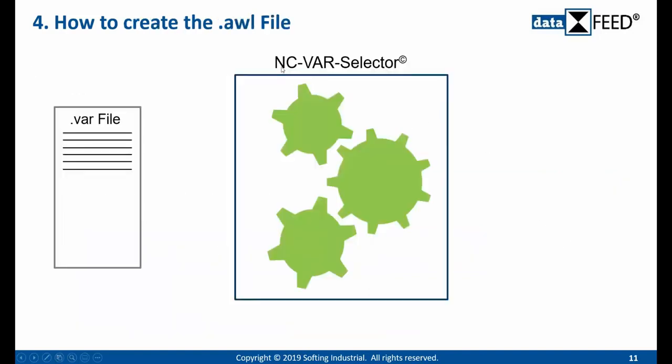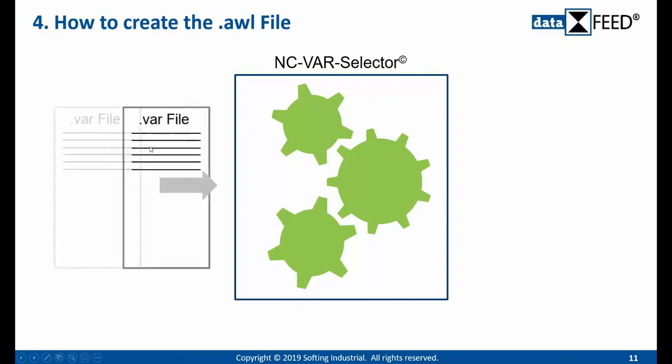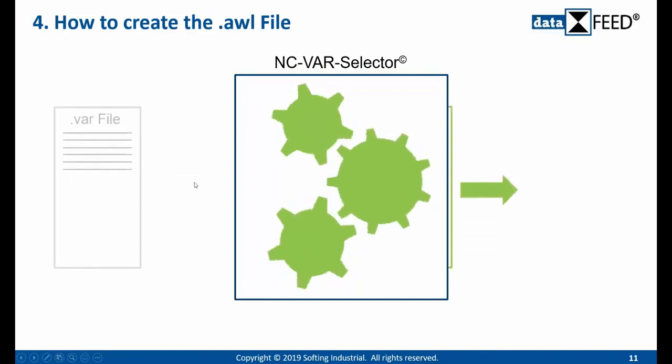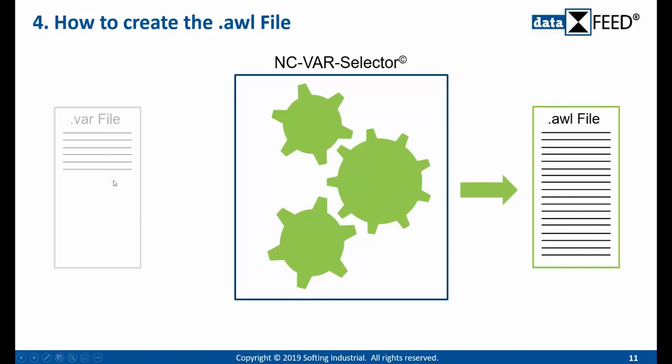I just want to show you the NCVAR selector. It's a tool which does not come from Softing, it comes from Siemens. So if you want that tool, please ask Siemens how to get it. You can import a so-called .var file, which comes with the pre-configured files. You can download it from our webpage, and then you can, for example, add more variables.